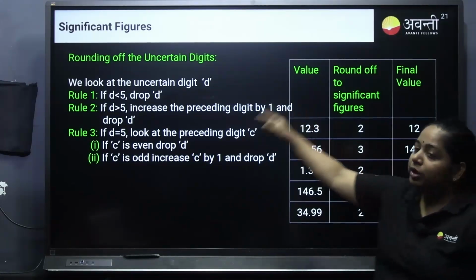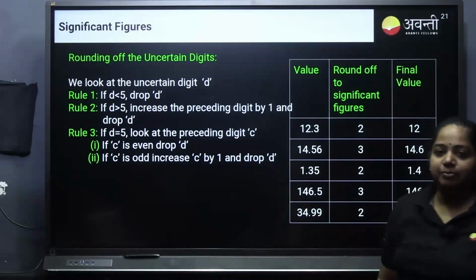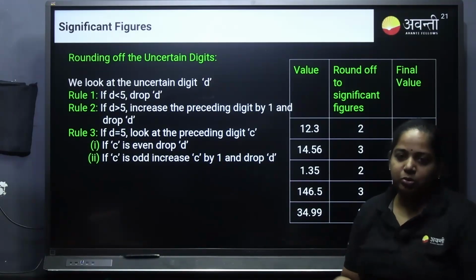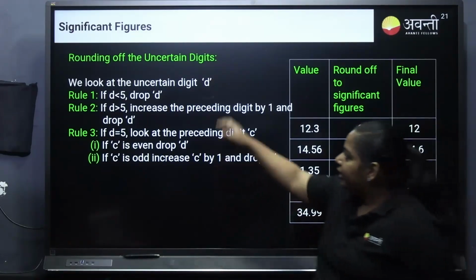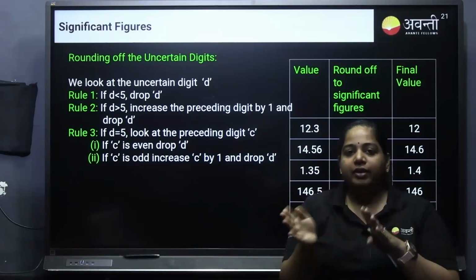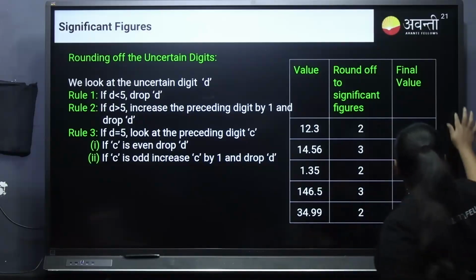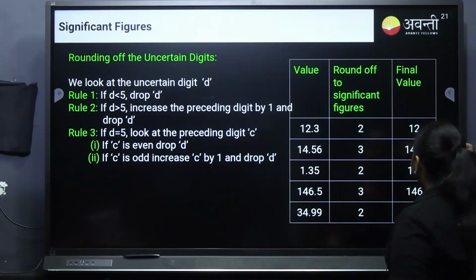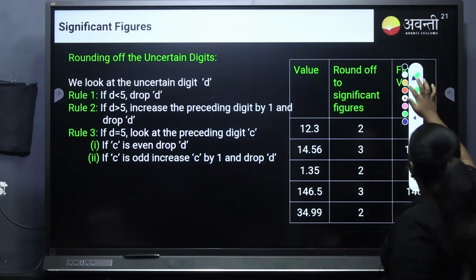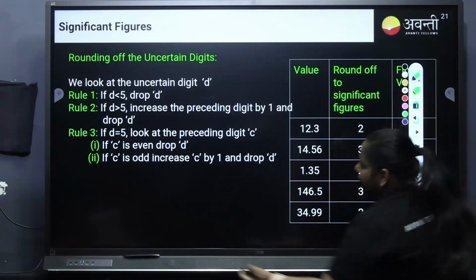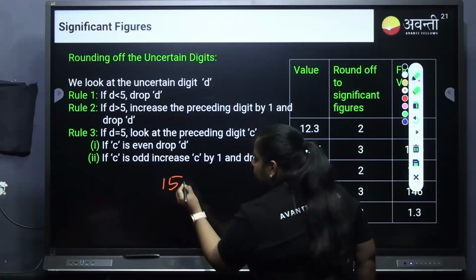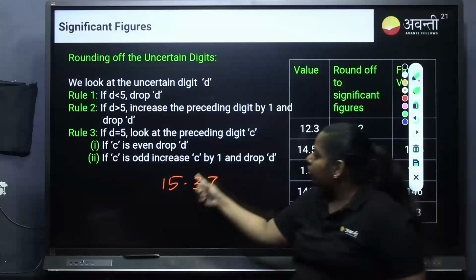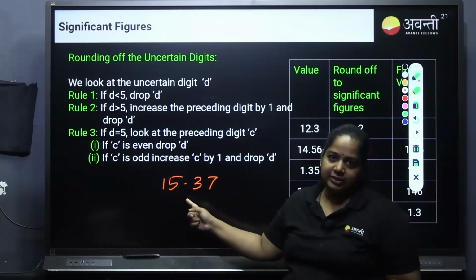This is for rounding off. If we are dropping something, how do we round off? I hope somebody already did this in the group, so maybe you already know. Let's take a value 15.37, and we have to round off to 3 significant digits.